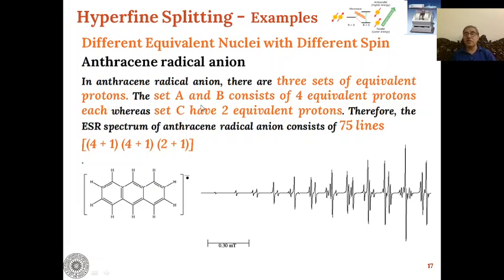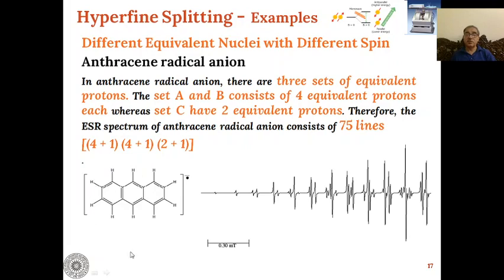This is the structure of the naphthalene anion, and here we are having 8 protons, and their environment is different. These four, m, m, m and m, are equivalent protons, and these four, n, n, n and n. So there are 4 nuclei of one type and 4 nuclei of the other type.